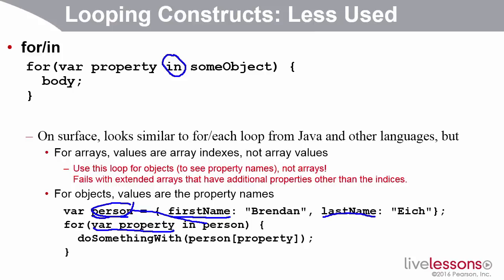Then each time around the loop, the value of property is first name, last name, and if there are any others. Okay, we don't know what objects are. This is not widely used, but just keep in mind that there is a kind of loop that loops down the names of the properties of objects.